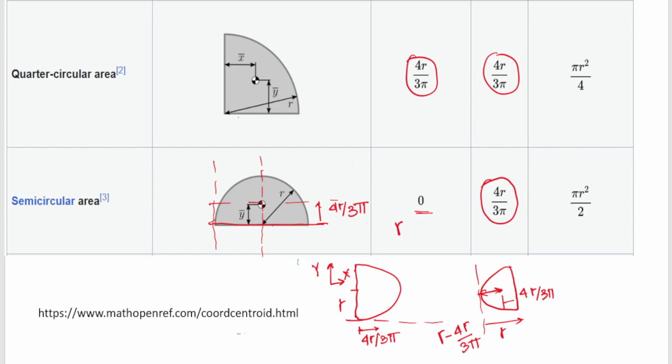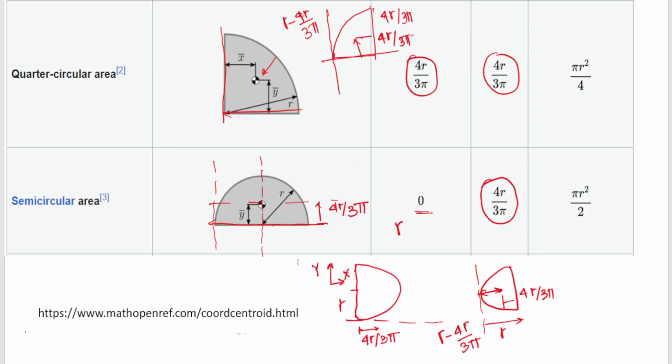So remember, if a quarter circle is changed like this, and you are asked to find the location of the centroid from the left side and the bottom side: from the flat side, it was 4r by 3 pi. So from the edge side, it will be r minus 4r by 3 pi. And from the bottom side, it is going to be 4r by 3 pi. So this is how we remember, this location is always from the flat side. It is not from the curve side, it is always from the flat side.